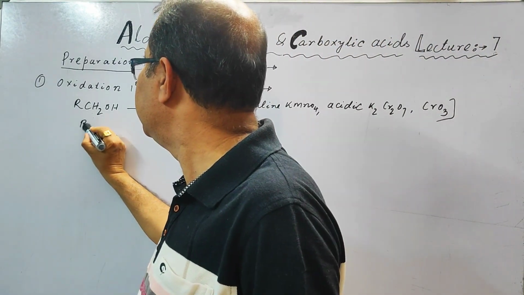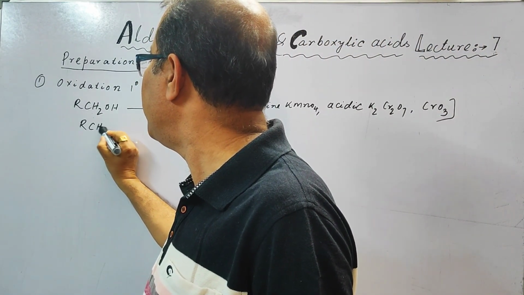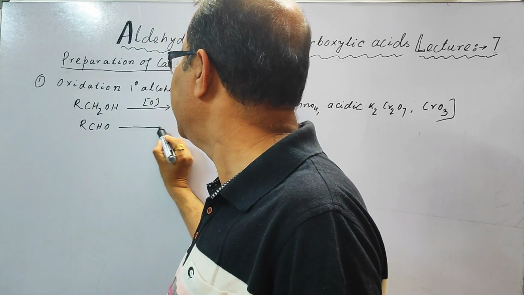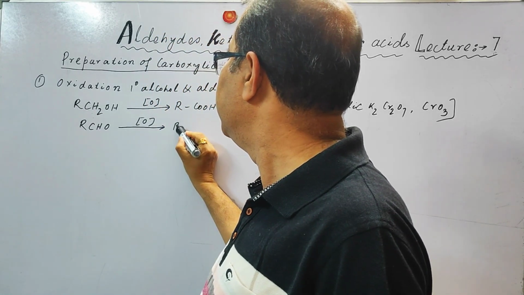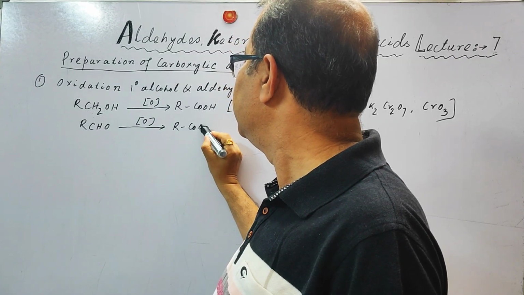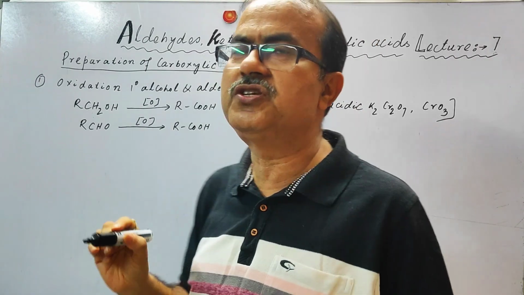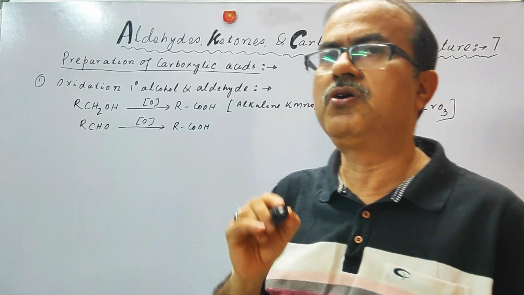Another important thing is when we want to convert the aldehyde into the carboxylic acid. In this case, the difference is that the oxidizing agent is a mild oxidizing agent.